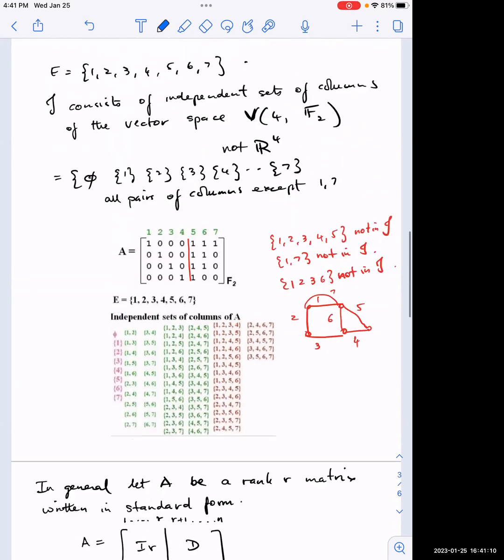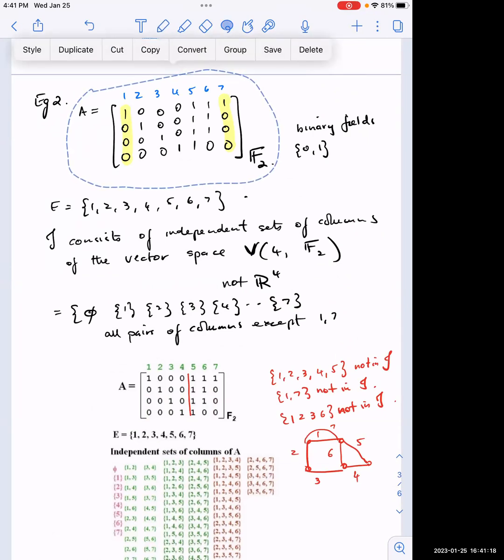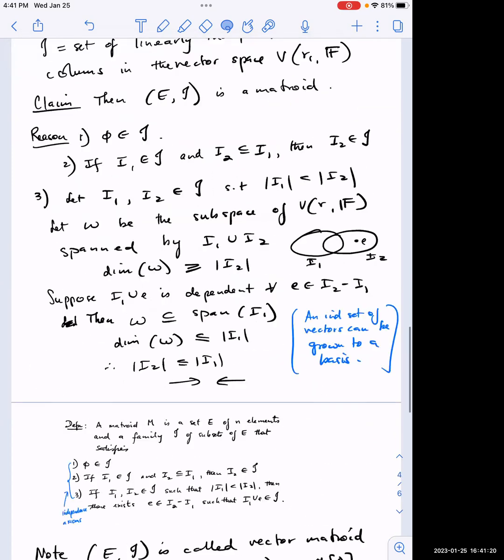But we want to look at minimal dependent sets, right? So let's grab this matrix again. There are fewer minimal dependent sets.